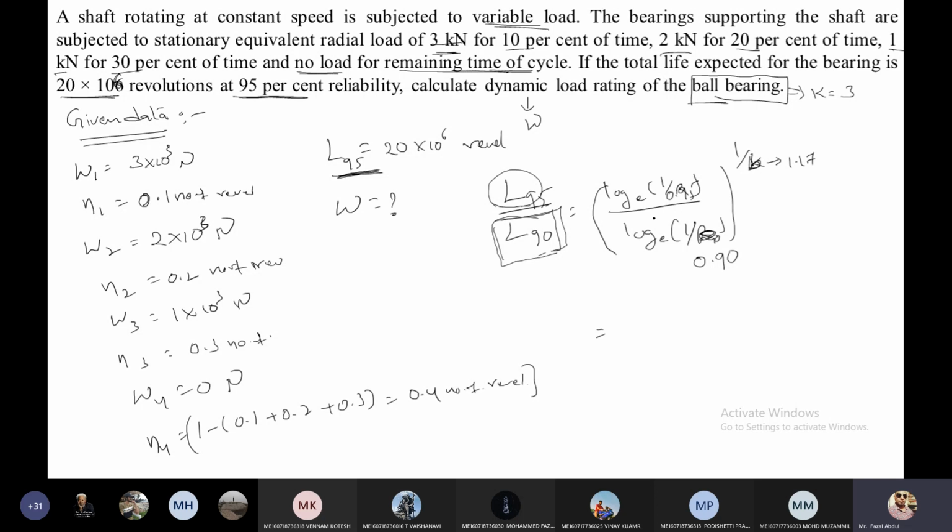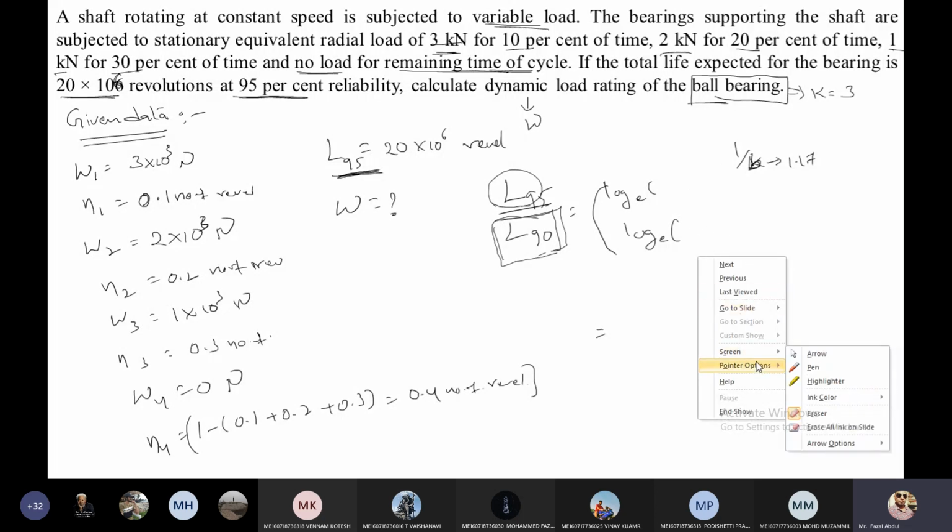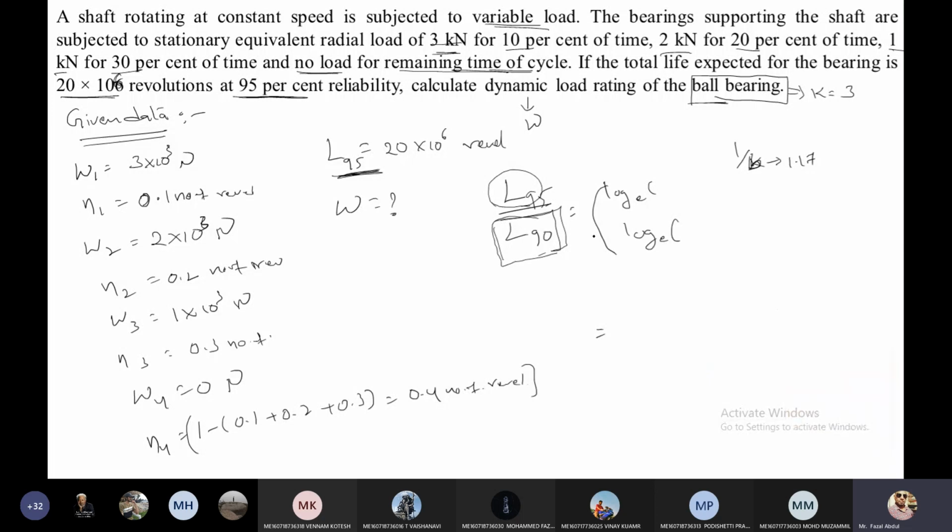So again, I am writing clearly: log of 1 by 0.95 over log of 1 by 0.90, power 1 by 1.17.